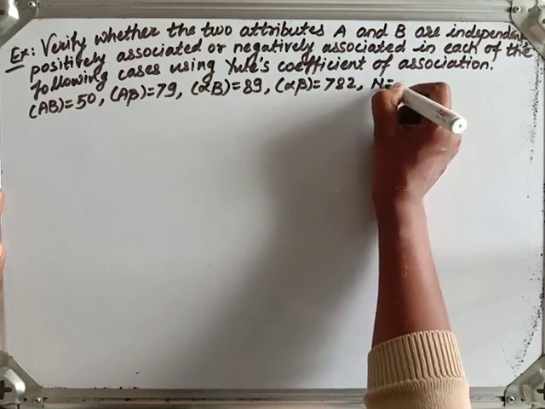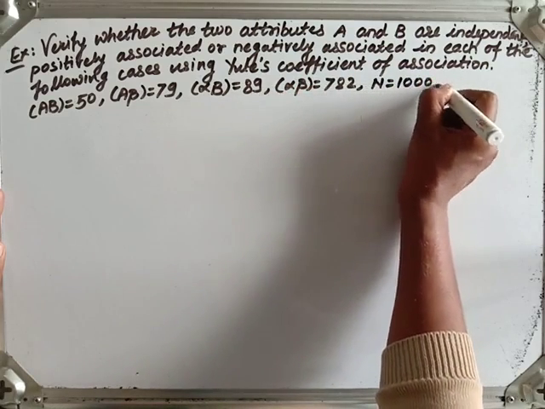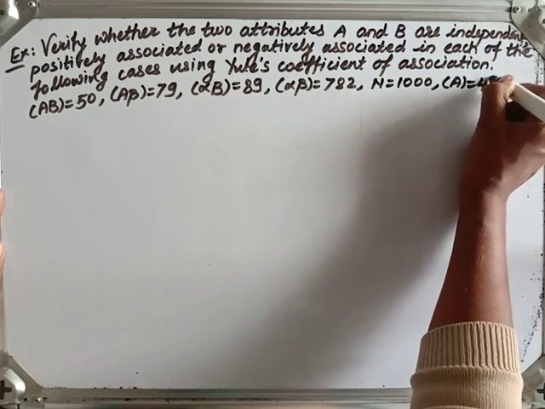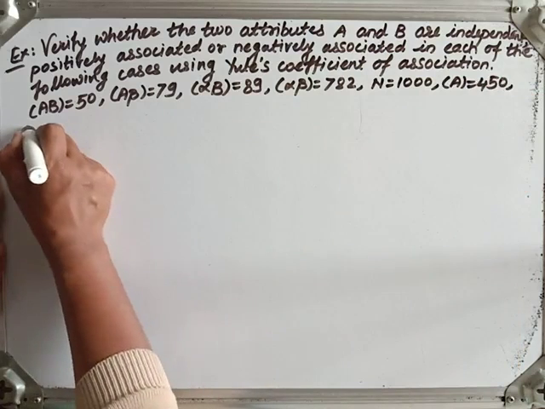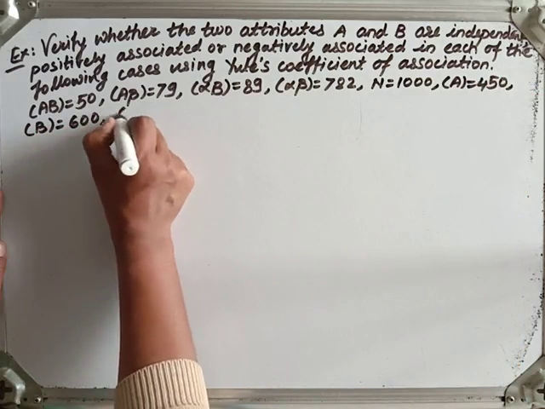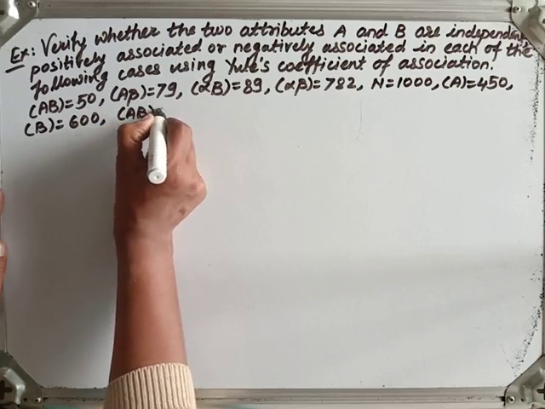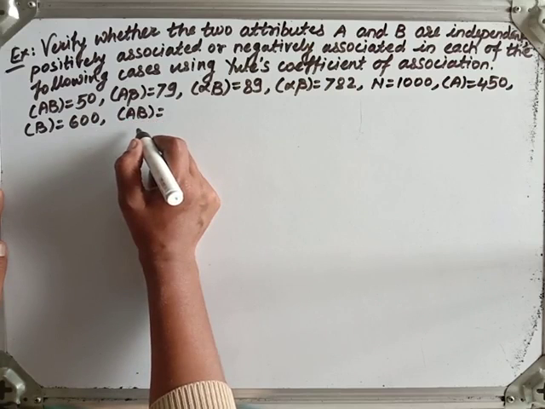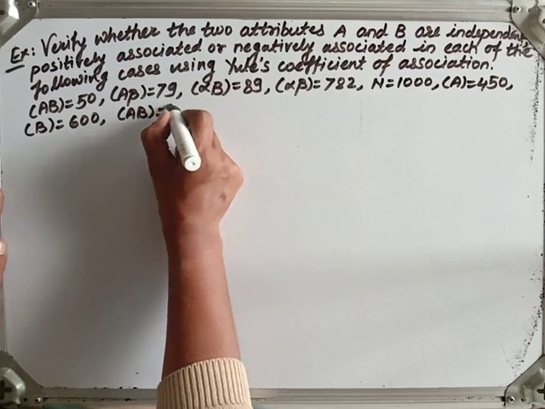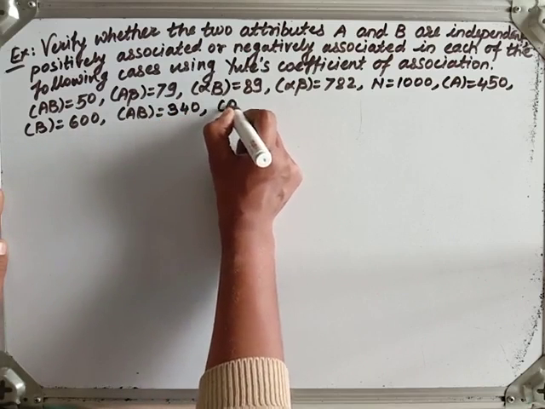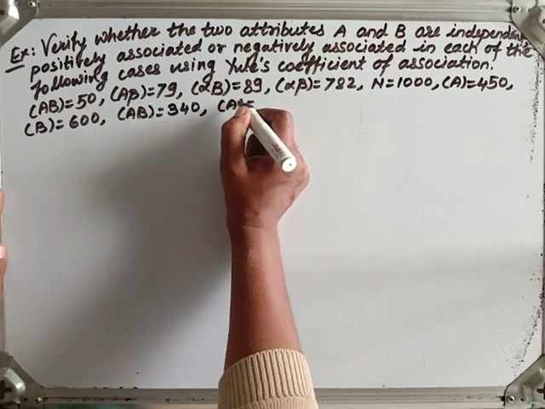Another, N is 1000, A is 450, B is 600, AB is 340.